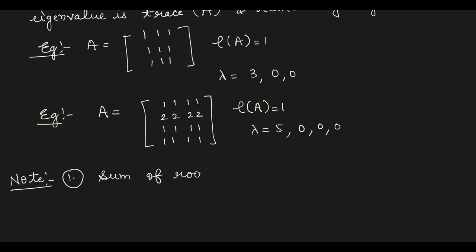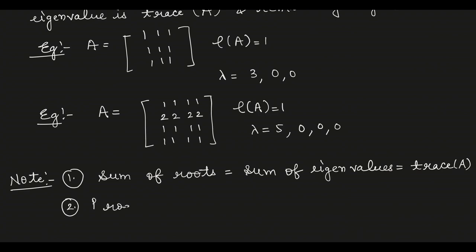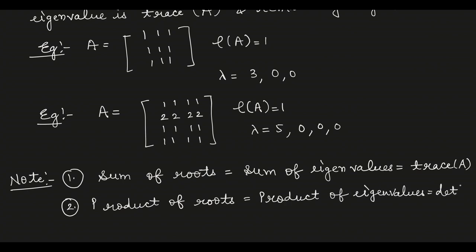Sum of roots is equal to sum of eigenvalues, which is trace of matrix A. Product of roots is equal to product of eigenvalues, which is determinant of A.